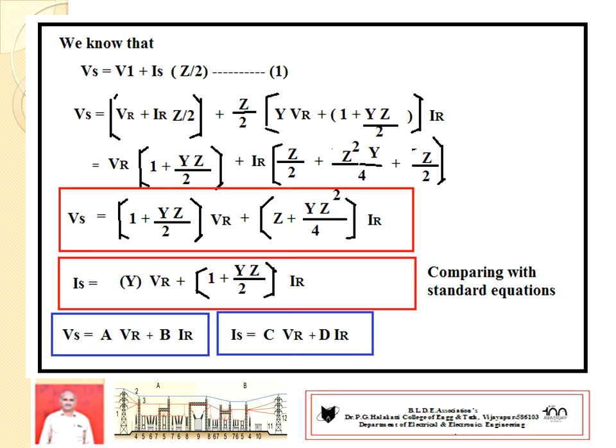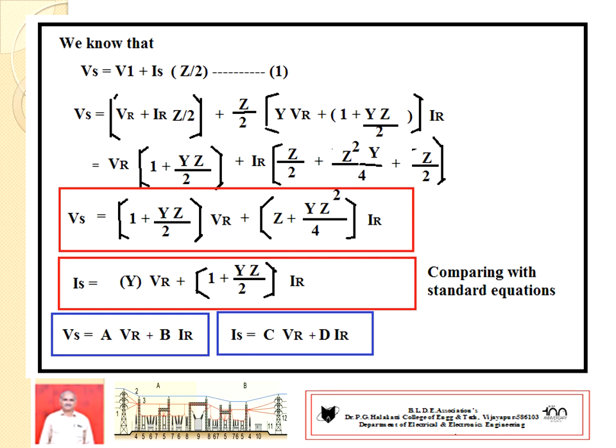So these are the expressions obtained from the nominal T method. The standard equations with ABCD parameters are written below. That is Vs equal to A times Vr plus B times Ir. Similarly, sending end current equal to C times Vr plus D times Ir. You compare here.